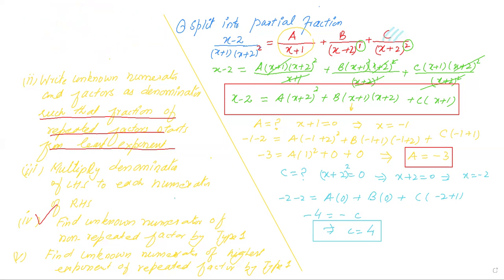Step number 6: apply equalizing the coefficient of like terms to find the other unknown.